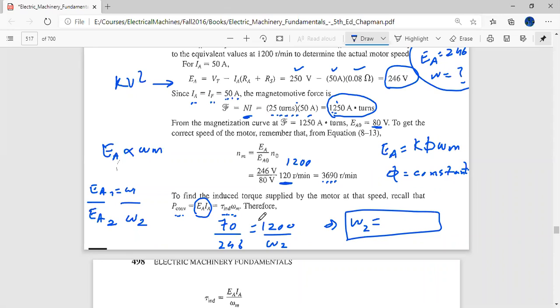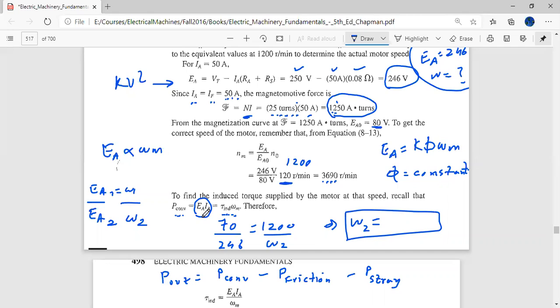And if someone asks what is the P out of this machine, then you always remember: P out will be equal to P converted minus the P friction and the P stray losses.